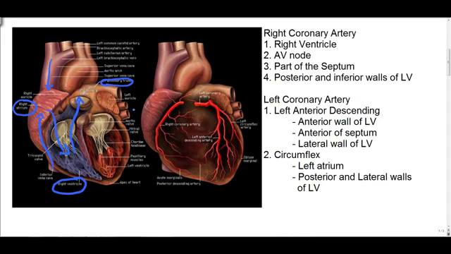From the left atrium, blood passes through the mitral valve into the left ventricle. And finally, from the left ventricle, blood passes out into the aorta and into the coronary circulation, or the arteries of the heart.